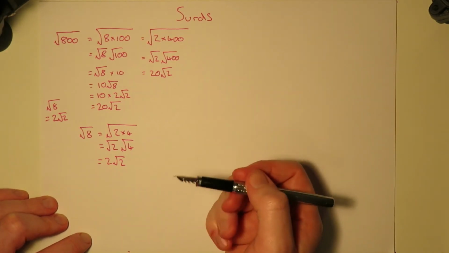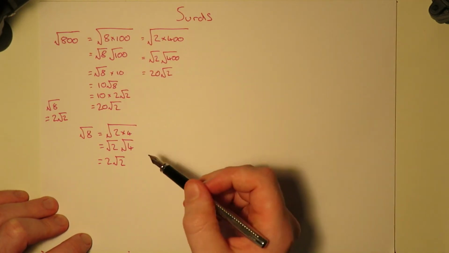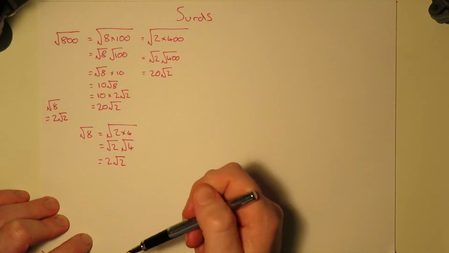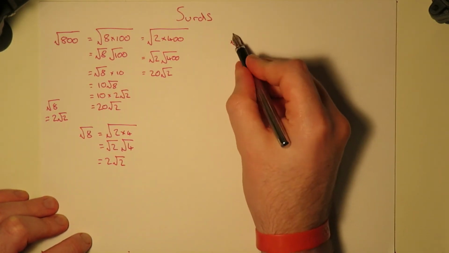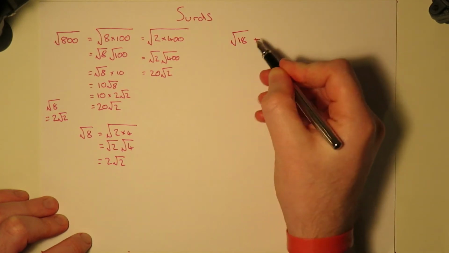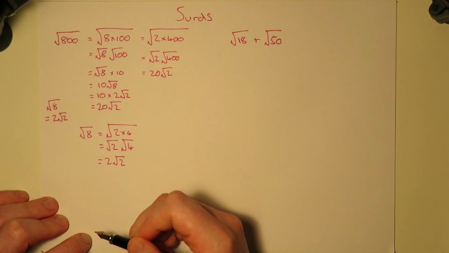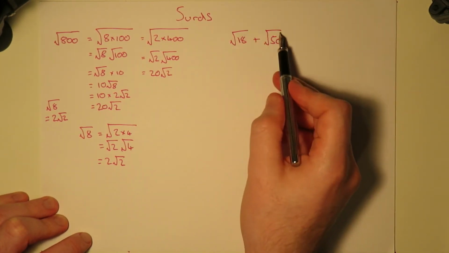So in your GCSE exam, it's unlikely that you're just going to be asked a question like this, where it just says simplify root 800. Maybe something that it will say is simplify root 18 plus root 50. So what you need to do here is simplify each of these.